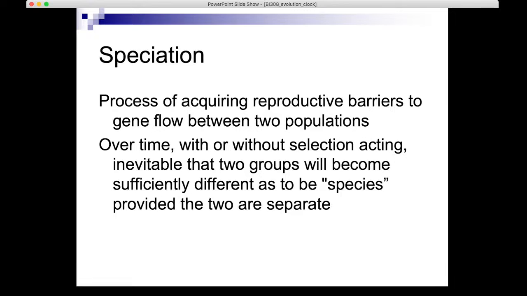Okay? Speciation then is the accumulation of those genetic differences, but requiring some sort of a barrier keeping individuals from having kids together. So reproductive isolation is a key component to this.